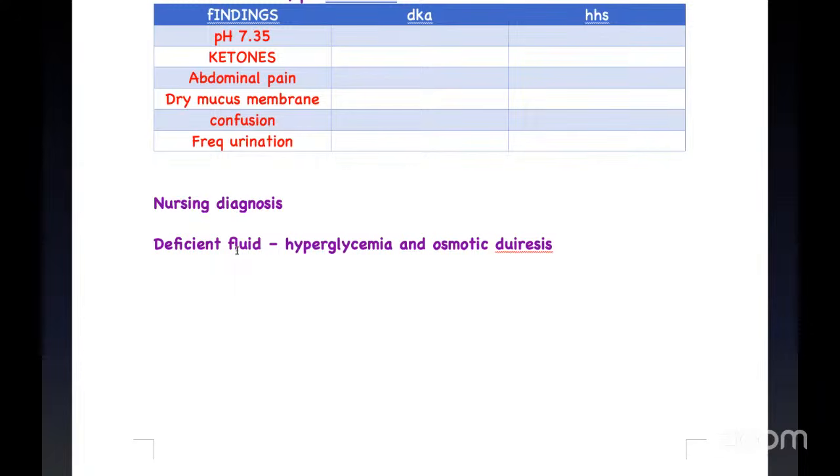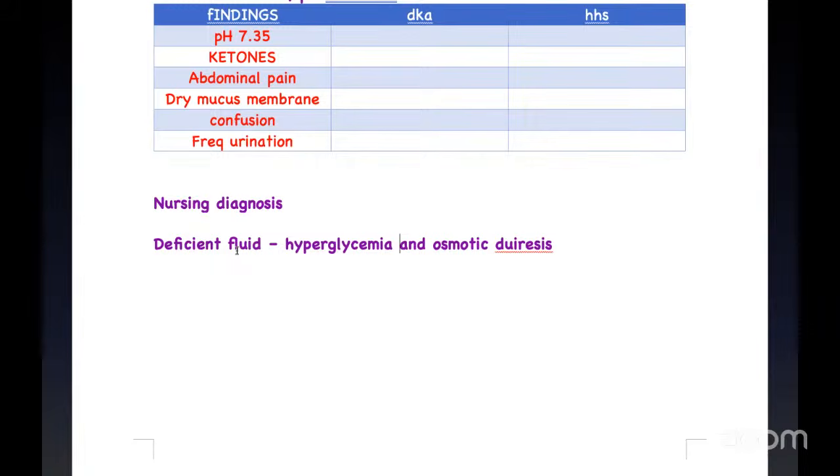That's a trap, right? The problem is not that he can't manage glucose. The problem is his glucose is too high and it is presenting as dehydration. We will manage his glucose, but the glucose has affected him to the point that it is causing osmotic diuresis.